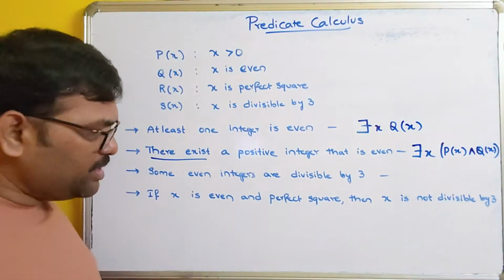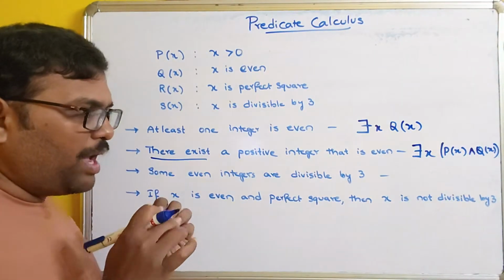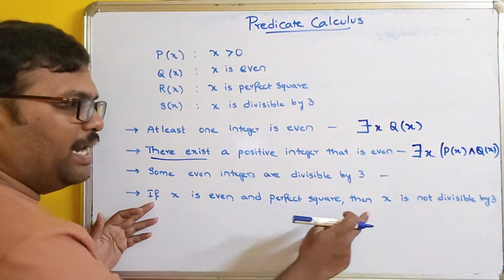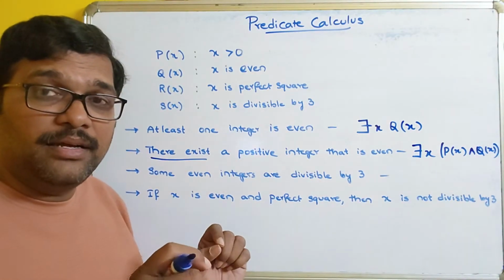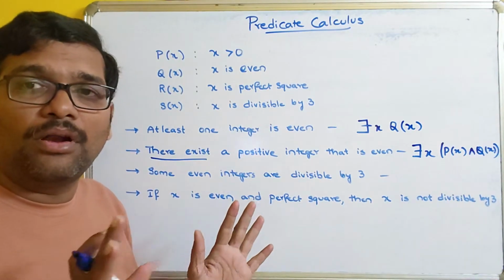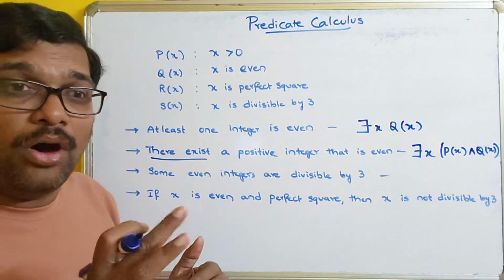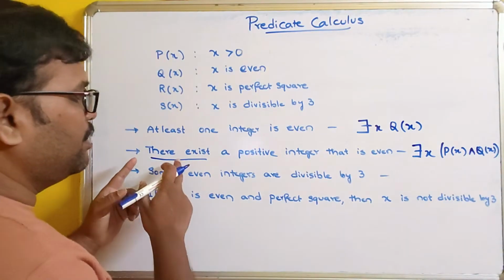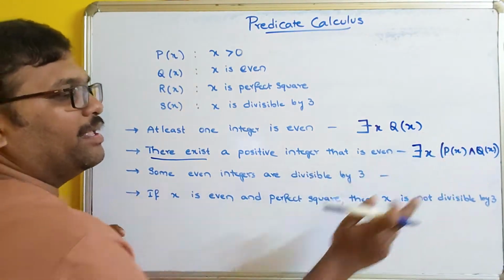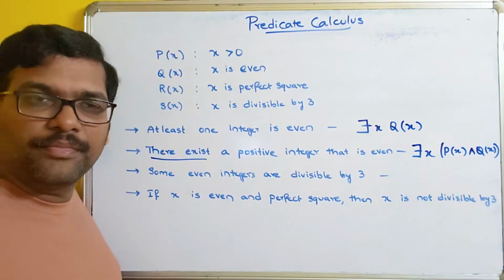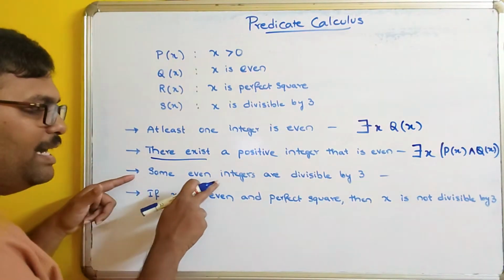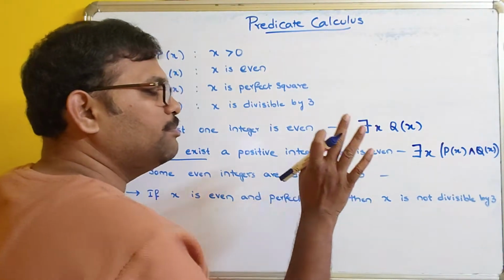So you can simply remember that if you had an if and then, that means it implies, then you will be getting for all, and in all the remaining cases you will be getting this AND connected.